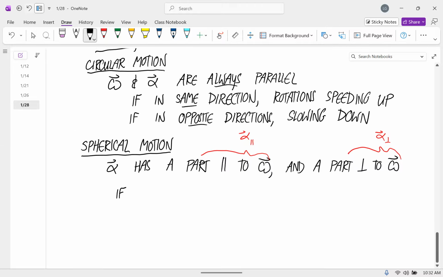And if alpha parallel is in the same direction as the angular velocity, then do you think the rotations are speeding up or slowing down? Speeding up. So that works the same as with circular motion.